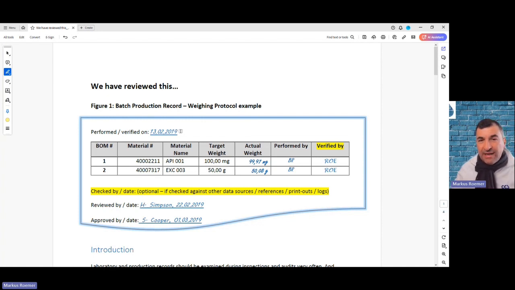So if you have any other reference, you might check against that. Mr. Homer Simpson was reviewing it. We will also talk about review. And Mr. Sheldon Cooper has approved this weighing protocol, also with a signature.